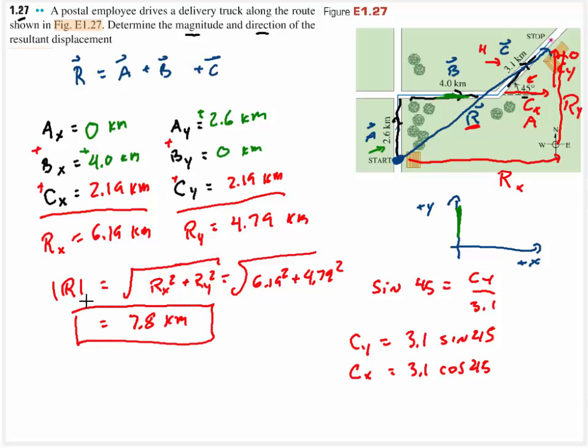So that's the magnitude. Now the direction, so here we have the opposite side, here we have the adjacent side. So tangent of theta is going to be equal to opposite, the y, divided by the adjacent, the x. Go ahead and take the inverse tangent of that, and you're going to end up with 38 degrees north of east.